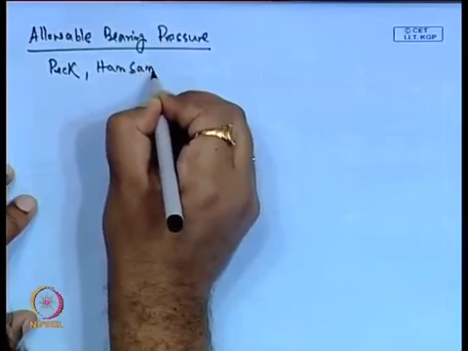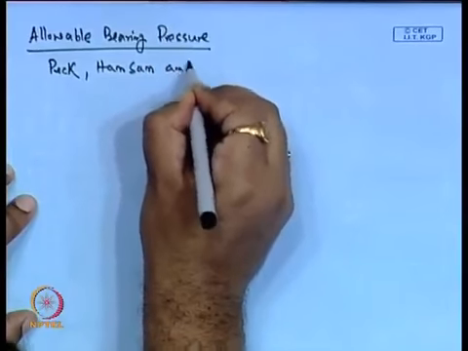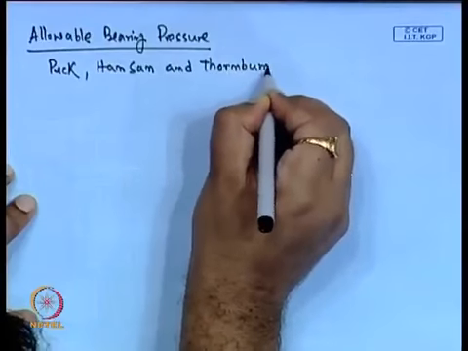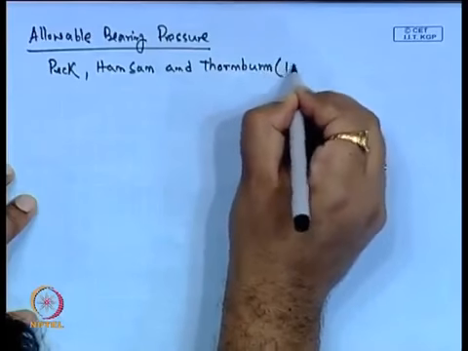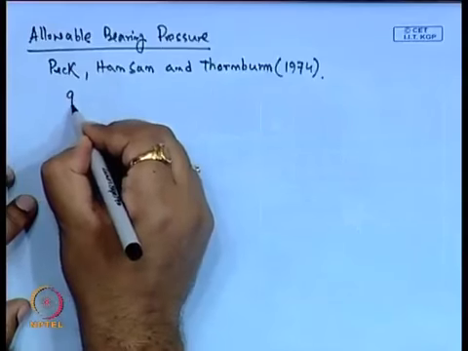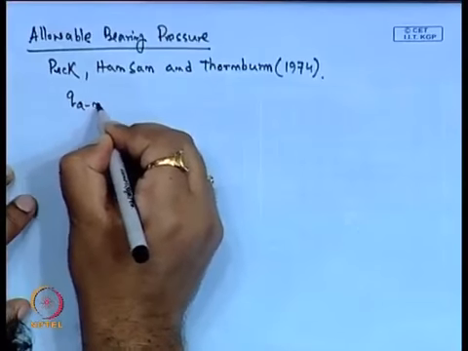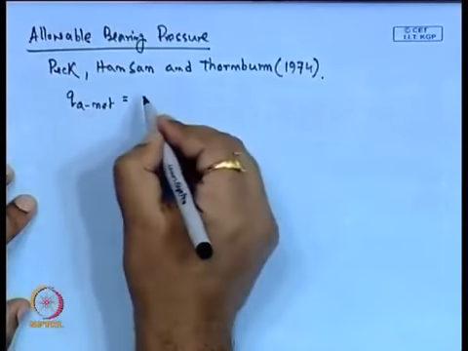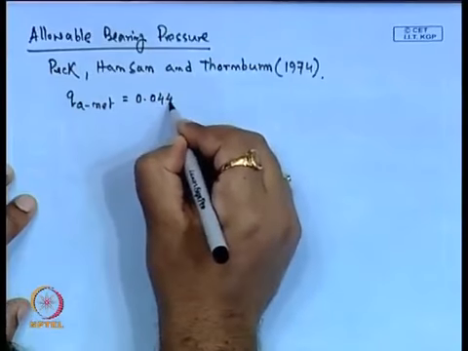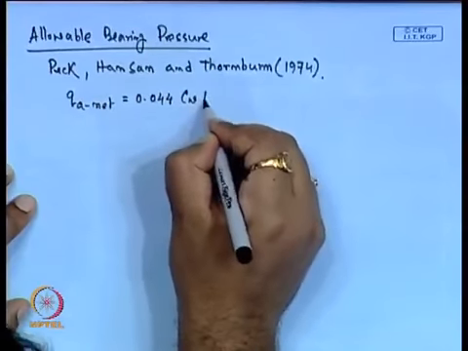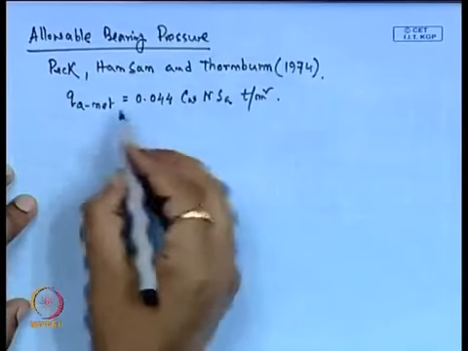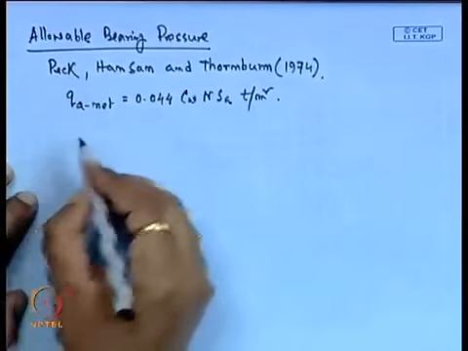Hansen and Thorburn. In 1974, they proposed that for the net allowable, we can determine by using this correlation, this is Cw in S ton per meter square. This is considering the settlement consideration.